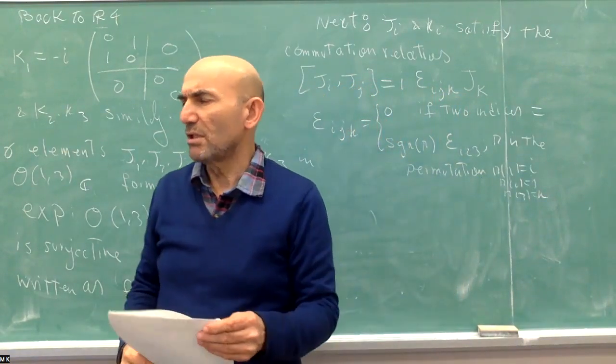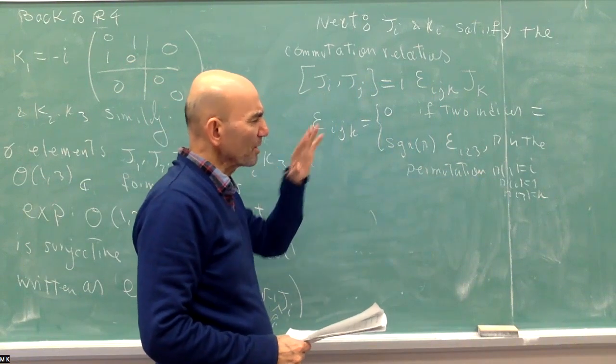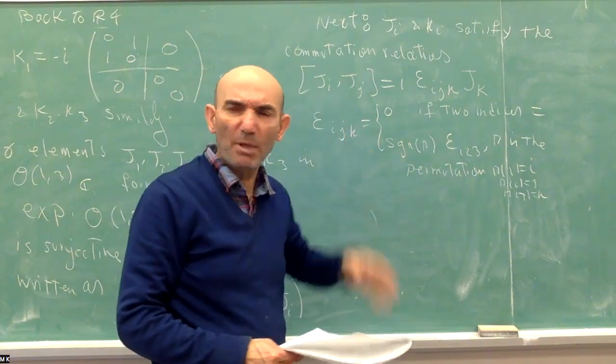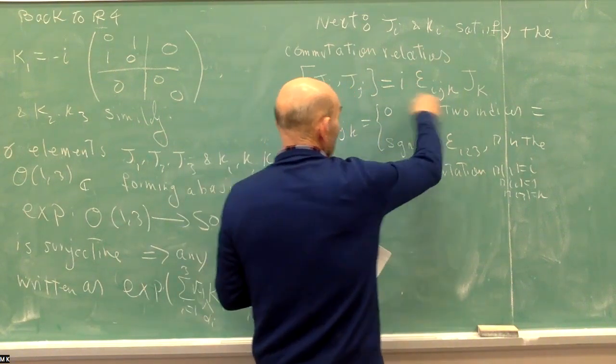So this is called the Lorentz symbol. It's a tensor, I believe, in some exterior space, but that doesn't matter.